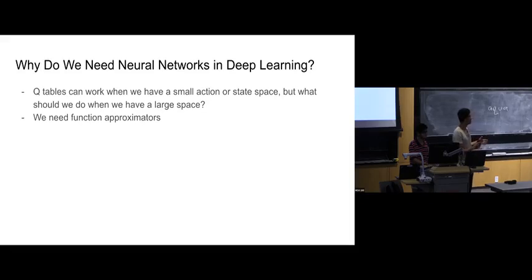An image from one of those games could have so many different states depending on the different arrangements of pixels. So it's no longer efficient to use a Q table in order to make estimates of a value. We do need function approximators, and that's why we need deep learning.